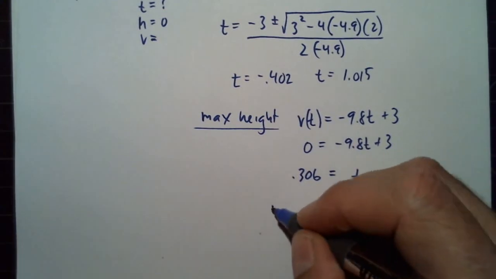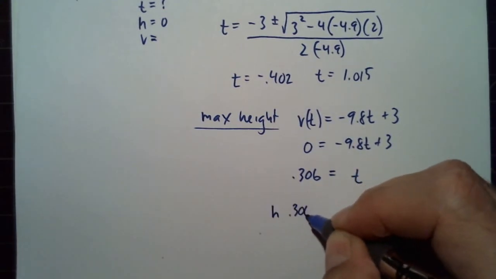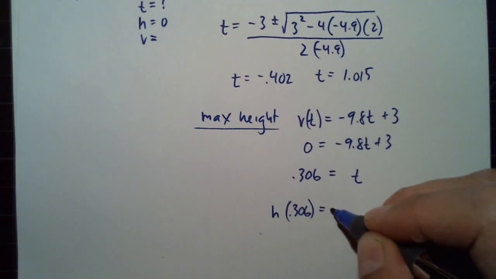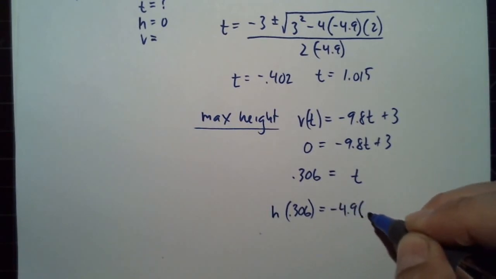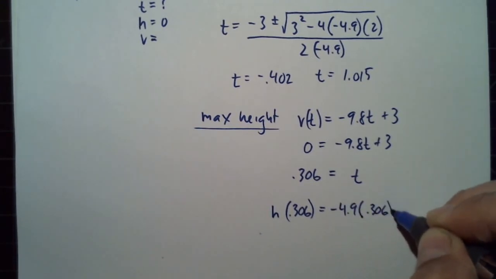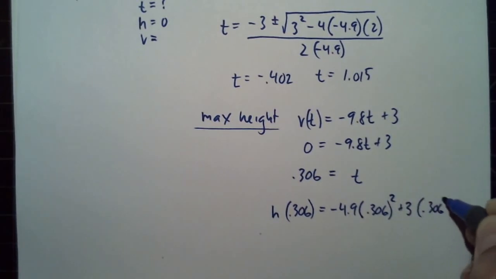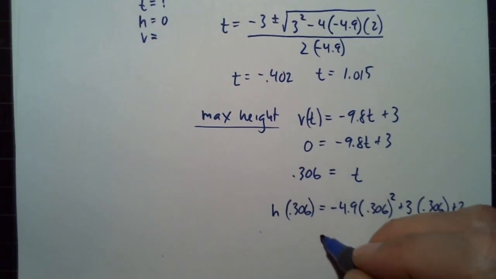And the height at 0.306 seconds is going to be negative 4.9 times 0.306 squared plus 3 times 0.306 plus 2.